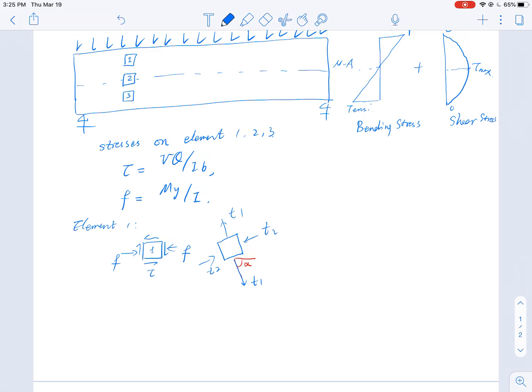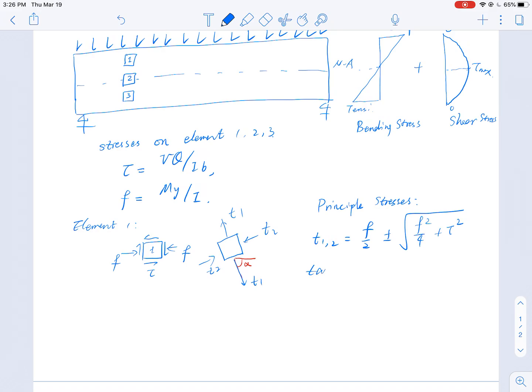Okay, and also I know that the equation for principal stresses sigma 1, 2 equal to half of sigma plus or minus square root of sigma squared divided by 4 plus tau squared.